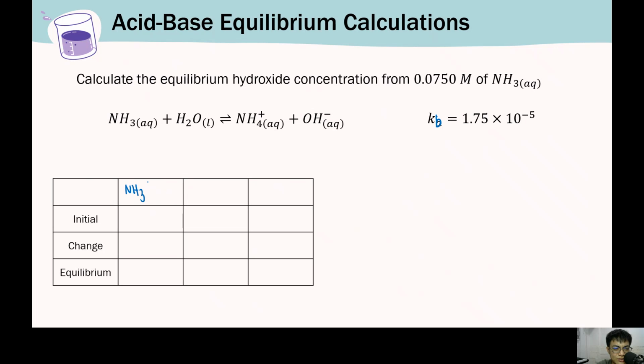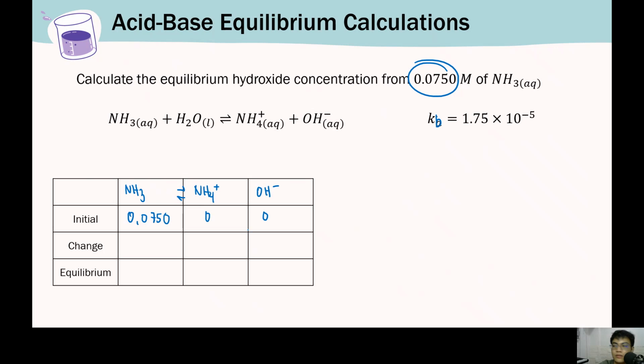Okay, so that's NH3, NH4 plus, and OH minus. For the initial concentration, so we are given the molarity of the ammonia only. But for the ammonium ion and the hydroxide ion, we are not given any info about it.